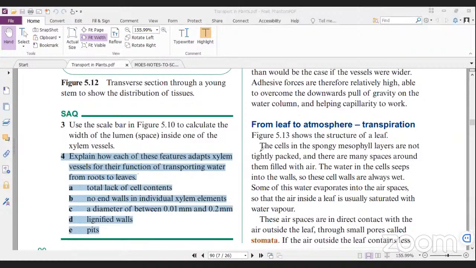Who knows how the pits help in the xylem vessels?